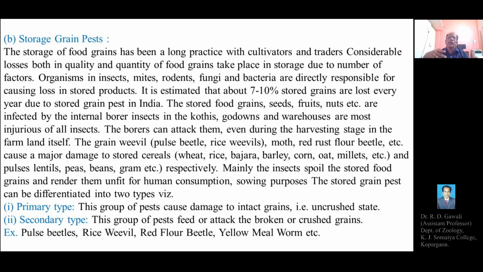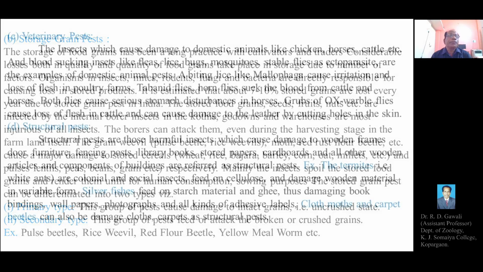This leads to the total spoilage or damage of the food grains, making them unfit for human consumption. So this is about the stored grain pest and the agricultural pest.